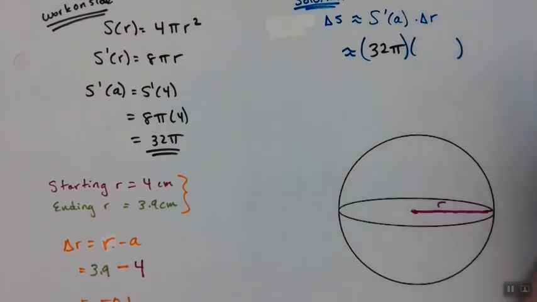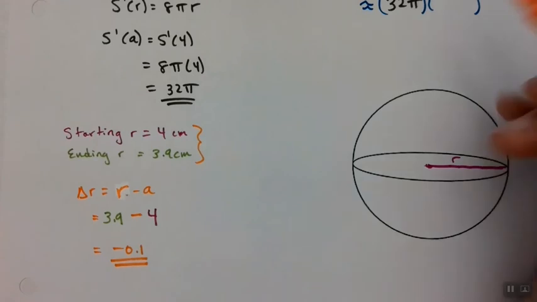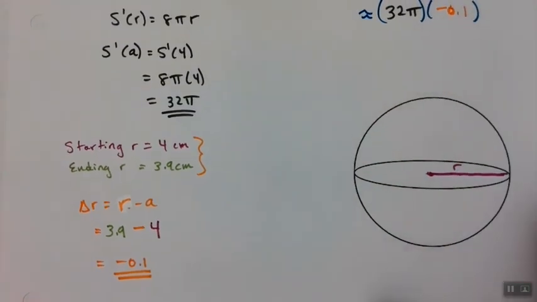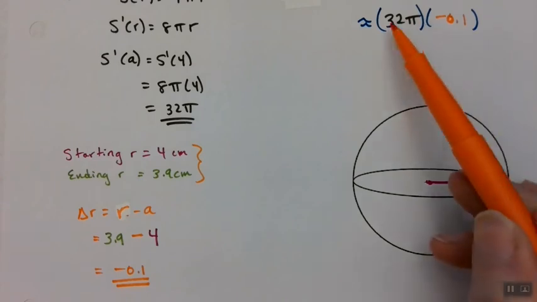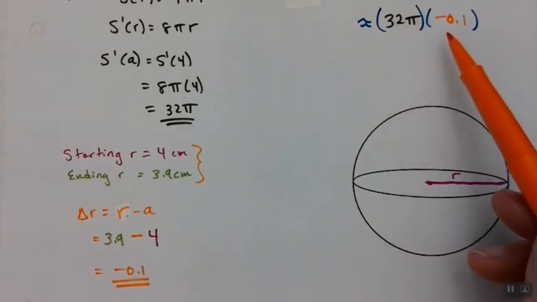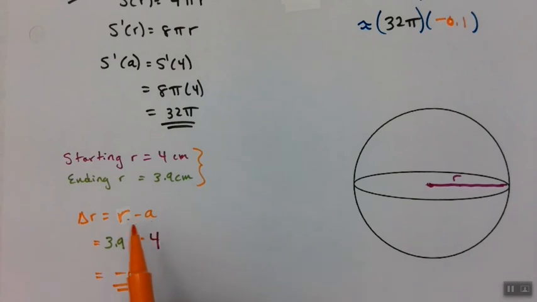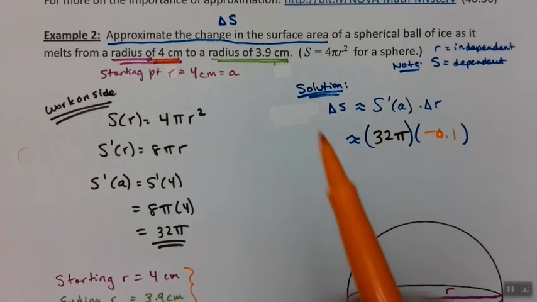So that's what I'm going to put in over here. Negative 0.1 so you can see it. There we go. Just managed to fit it on there. So there's my S prime of a, and there's my delta r. And don't forget delta x is x minus a, so delta r is r minus a. And a was our constant value at the starting point.